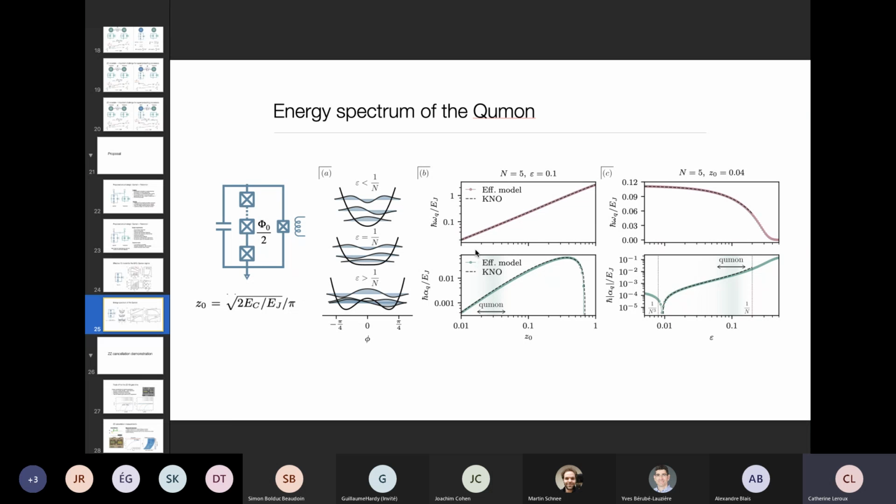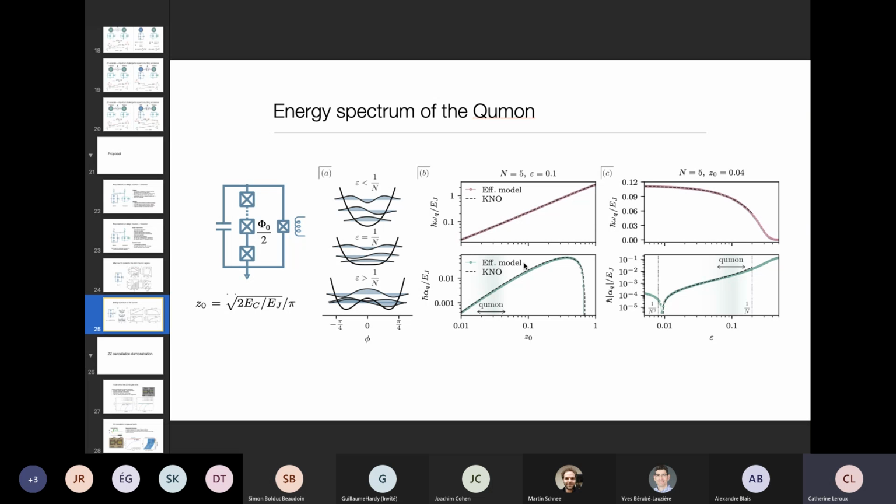If we do that, we notice that the frequency of the Qmon is linear with this impedance, and that's totally normal because, as for the transmon, we expect the frequency to go as the geometric mean of EC and EJ, and so this should be linear with impedance.